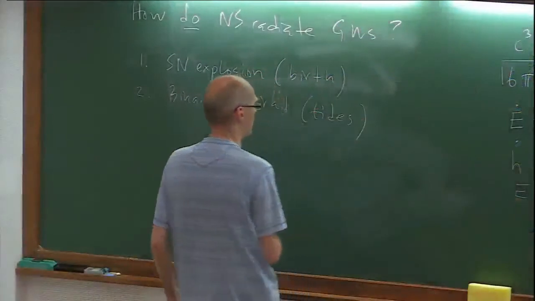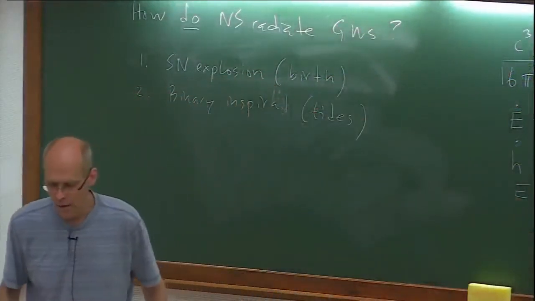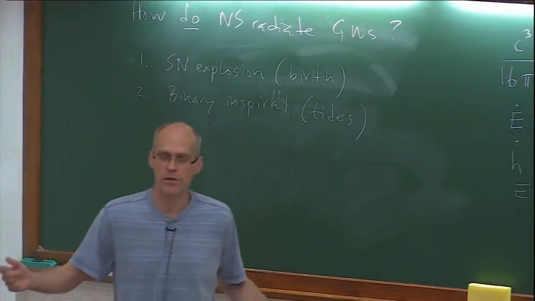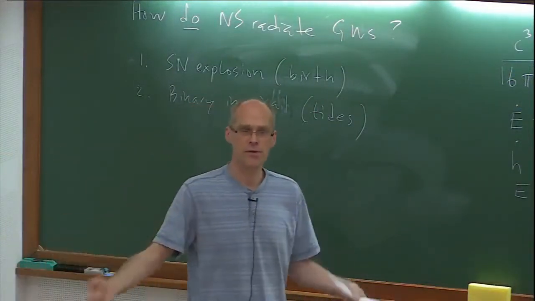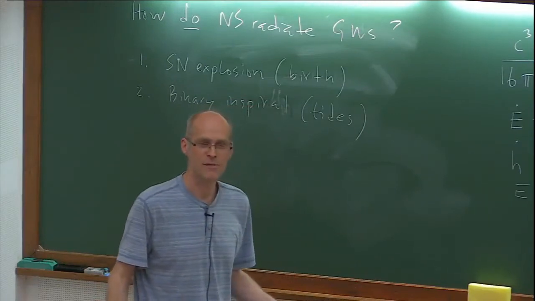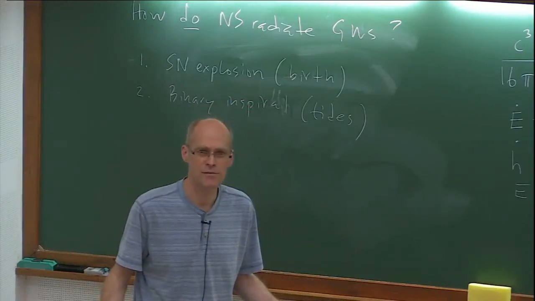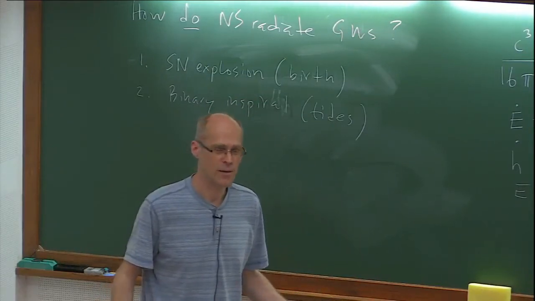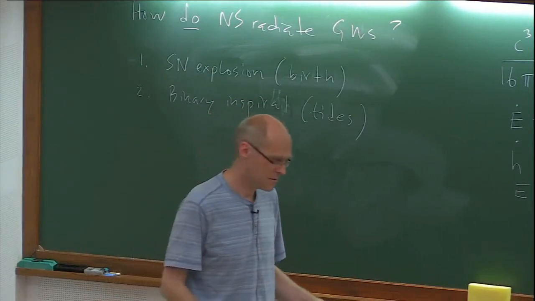I'm going to leave it on the list, but I'm not going to talk about it. But you also learned that there's a little bit more to this, namely that the neutron stars are not point particles but extended bodies, and the tidal interaction could imprint on the gravitational wave signal last week, right? Does anyone remember hearing anything about that last week? You remember talking about love? Okay, I'm not going to talk about love.